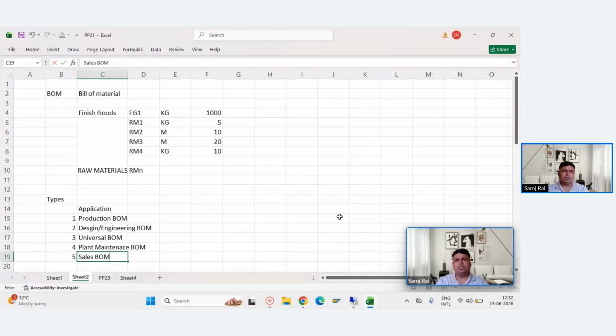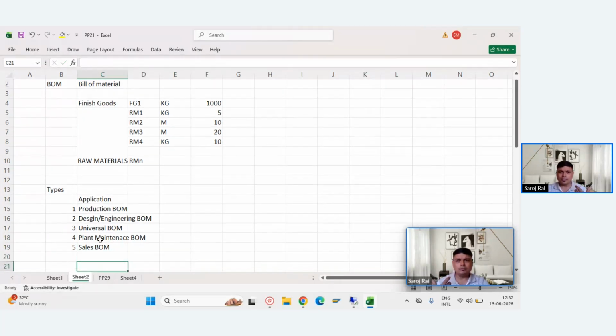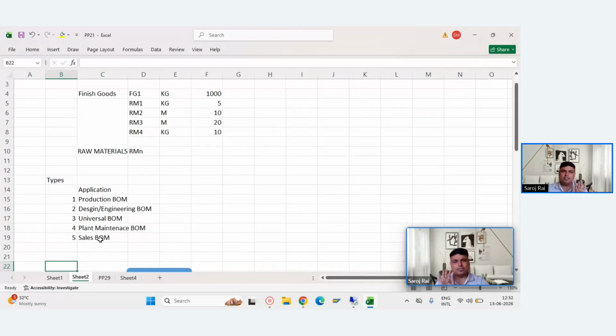Here are a couple of examples I explained on application. There are other BOMs also available, like the template BOM and costing BOM. I'm not going into much discussion on that.